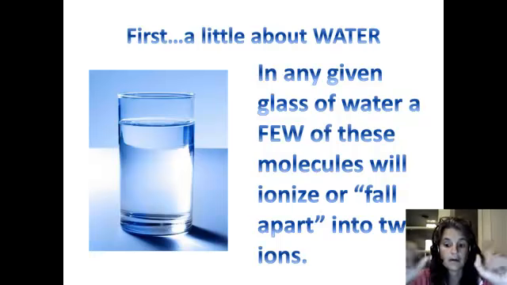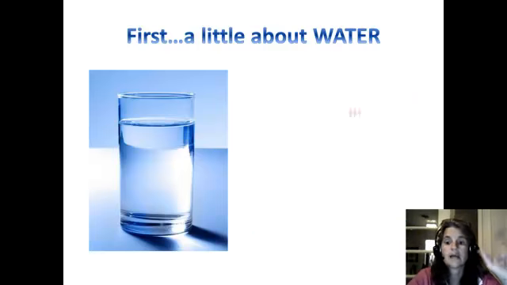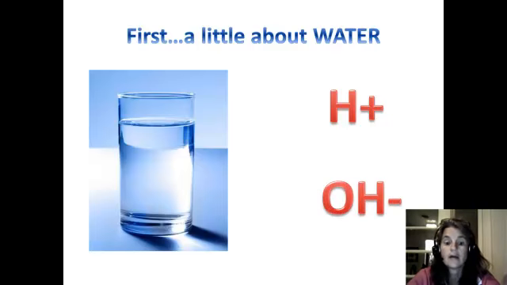They will fall apart into two ions. One of those ions is a hydrogen ion, written as H+. The other is a hydroxide ion, written as OH-. If you put those two together, you'd have two H's and an O, and again, you'd have your very neutral, happy little water molecule back.